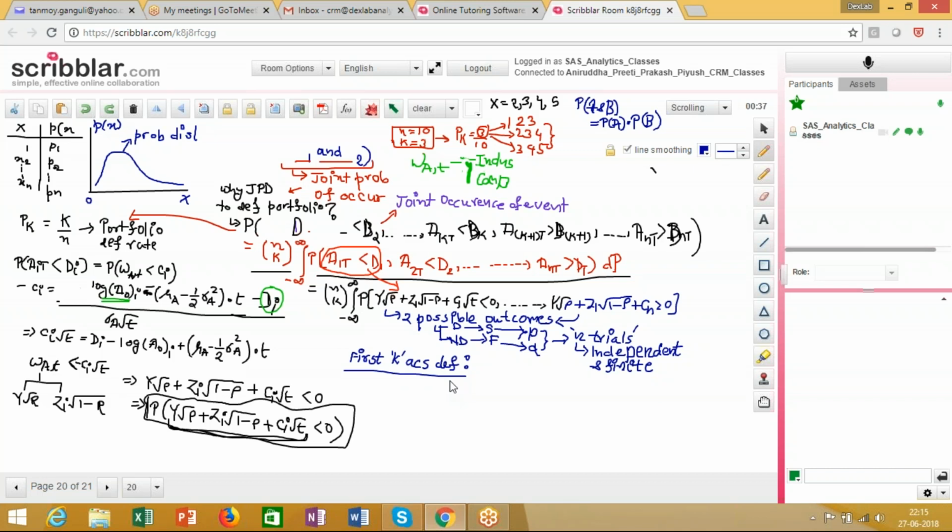In the first trial, default happens, that is, probability of success or P occurs. In the second trial, again the borrower defaults. I mean the second account also defaults. The third account also defaults.